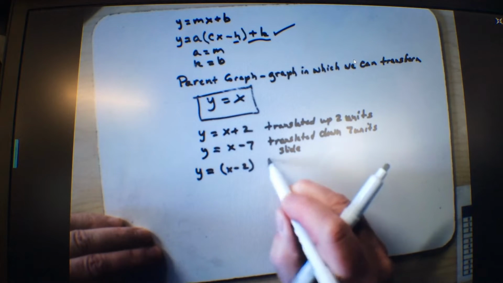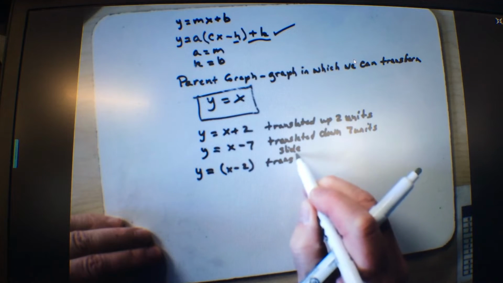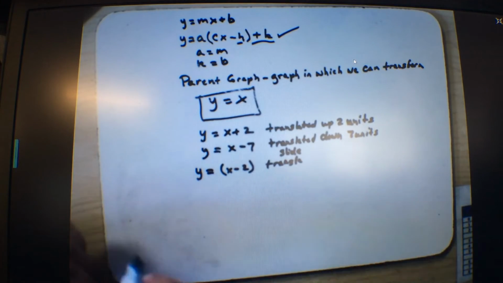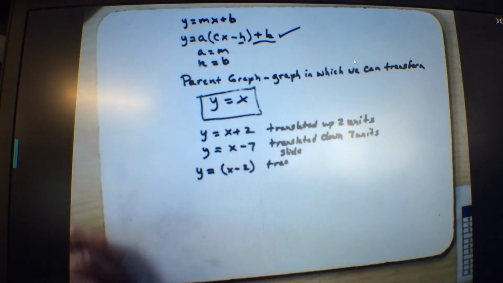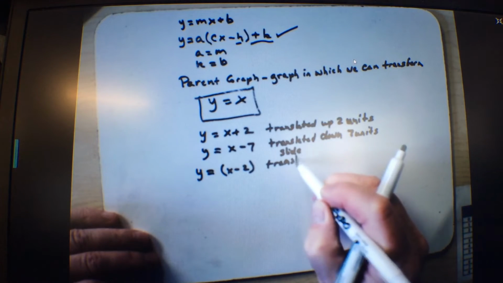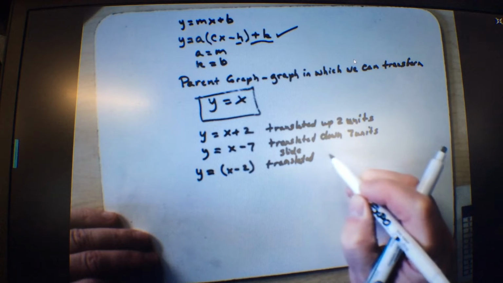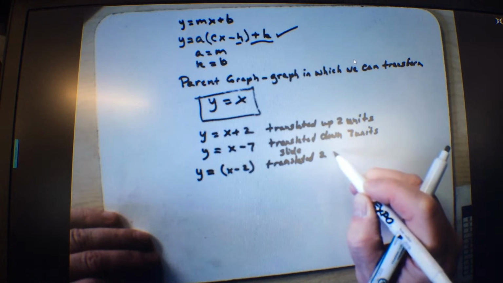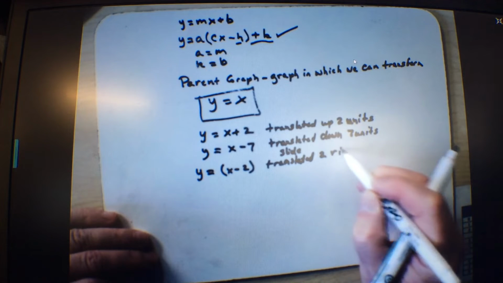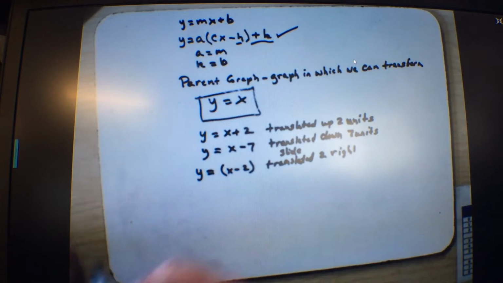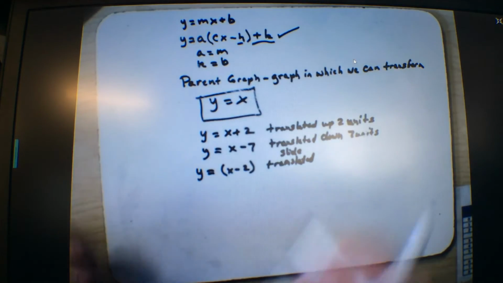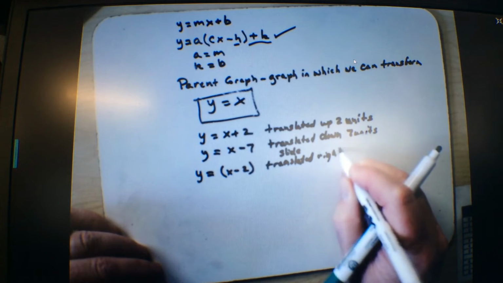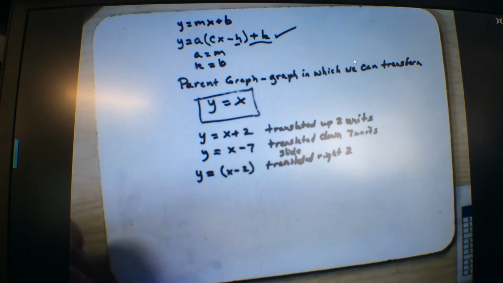This is going to be translated to the right. I'm going to keep it the same. So translated right 2. It looks like it should be left, doesn't it?